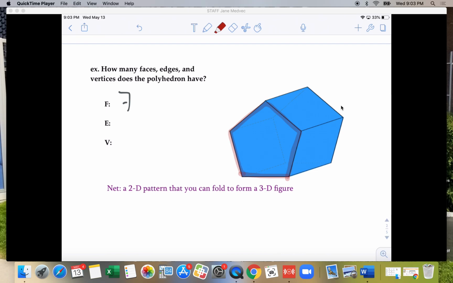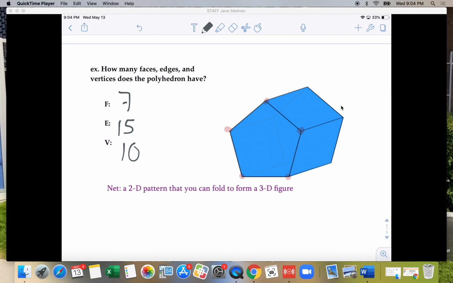So there's 5 on the front, there'd be 5 in the back, and then there'd be 5 going around the middle. That ends up giving us 15. Now let's take a look at the vertices. Remember, the vertices are those corners. So 1, 2, 3, 4, 5, and there's also 5 on the other side. So that ends up giving us 10.